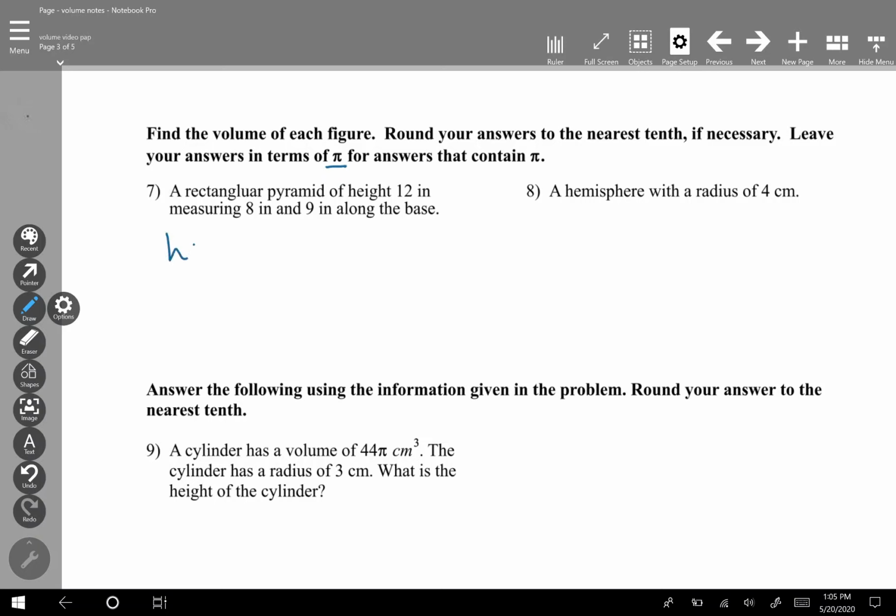Okay, so h is 12. And then it's measuring 8 inches and 9 inches along the base. And it's a rectangular pyramid, so our base is a rectangle. So it's an 8 by 9 rectangle. So the area of the base would be 8 times 9, 72. And now we just plug into the formula. It's a pyramid, so it's 1/3 area of the base times the height.